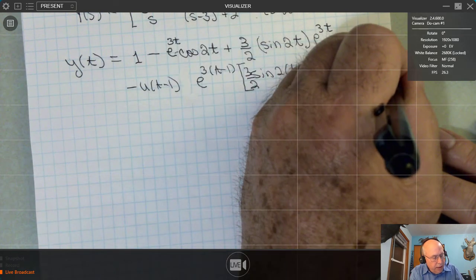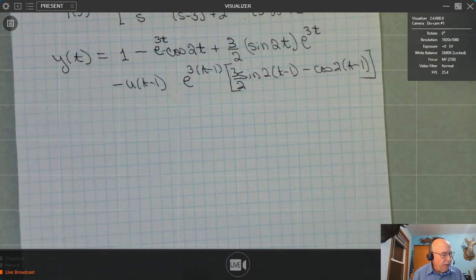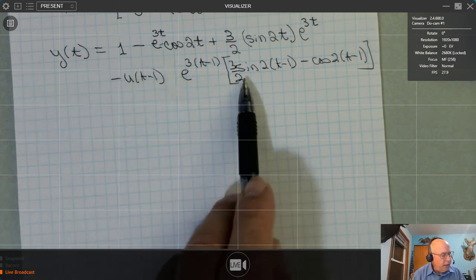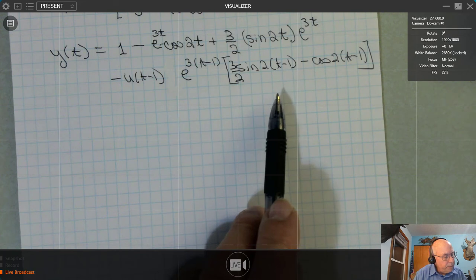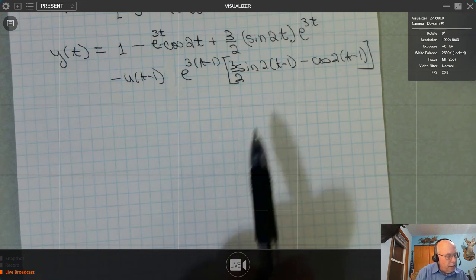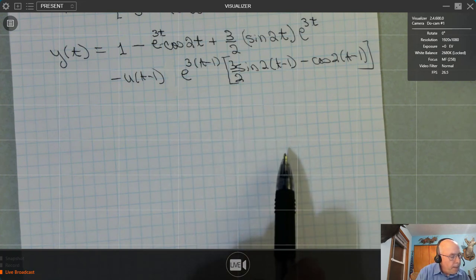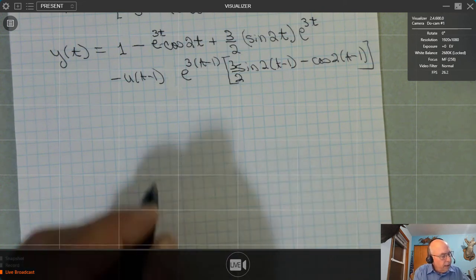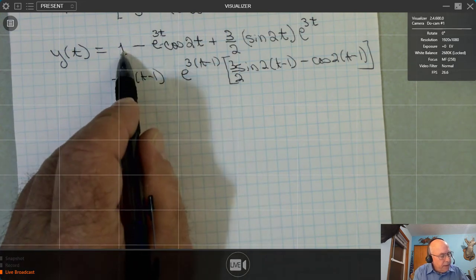So there it is. A pretty complicated function. However, take a look. We're missing a bit. Missing the 1.